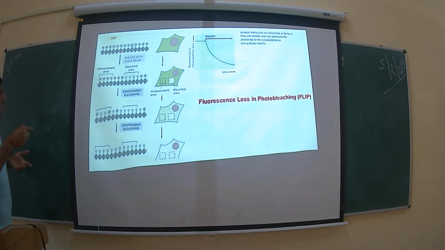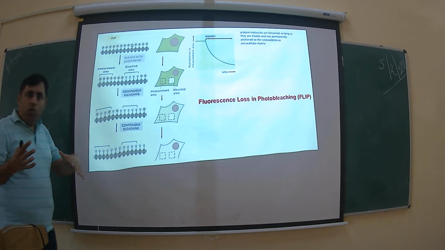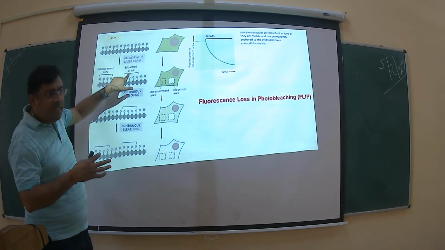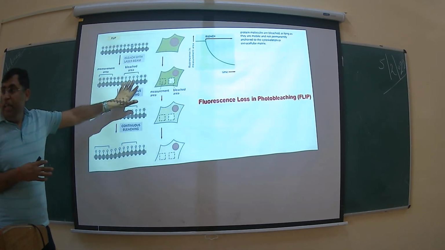So what exactly happened? See, this is the bleached. This is your plasma membrane, and this area is a bleached area, and this is the measurement area. Okay, so you are continuously emitting the light. So even though you are bleaching this particular plasma membrane, the molecules will show diffusion.